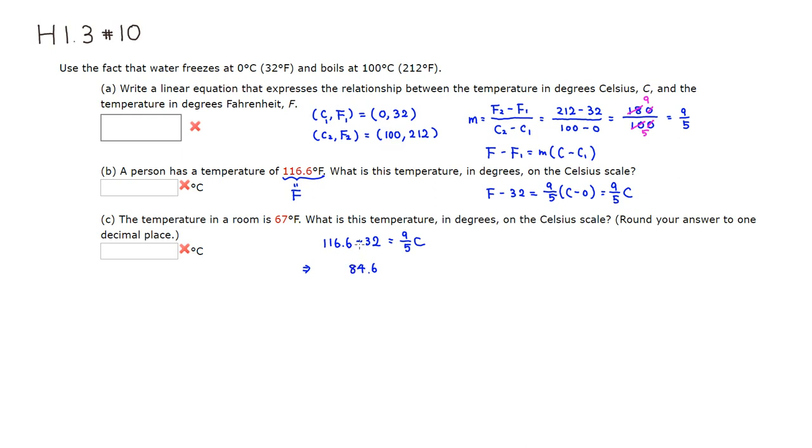So you have 84.6 is equal to 9 over 5 times C.